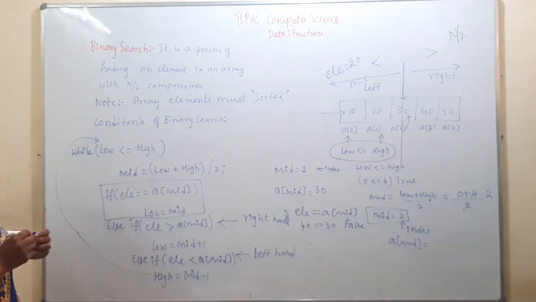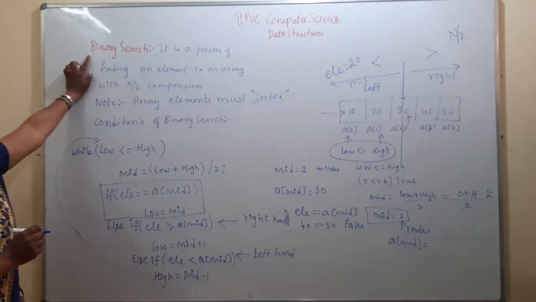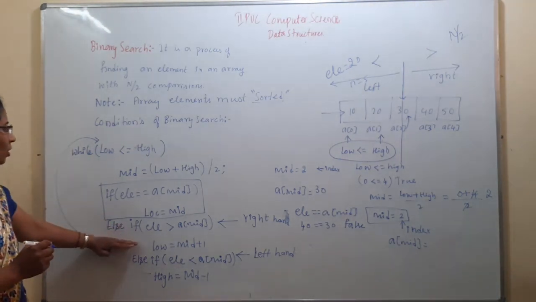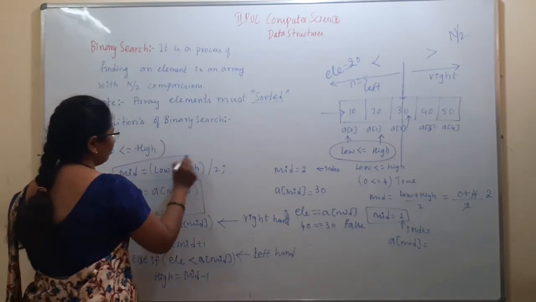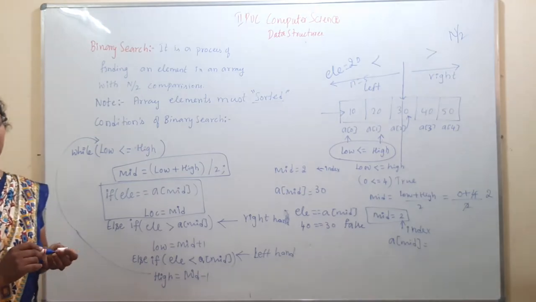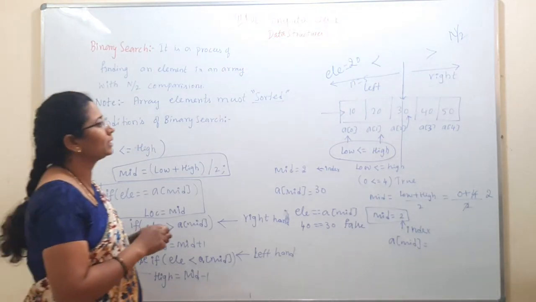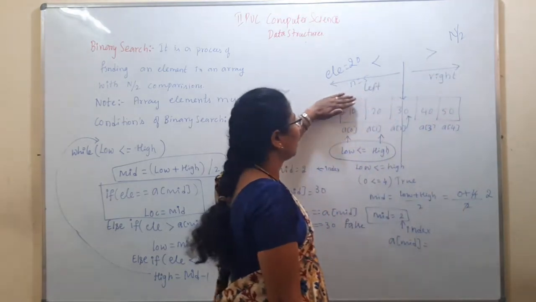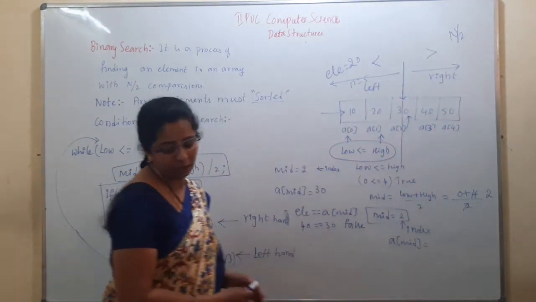This kind of process is called binary search. Binary search means the decision is made by dividing the array elements into 2 parts. Dividing the array elements into 2 parts, that is n by 2 comparisons, not n comparisons. Did you get it?